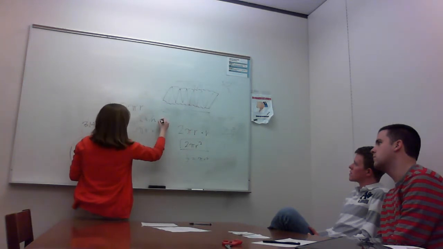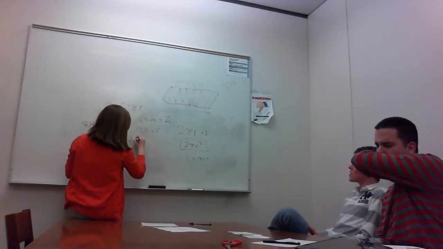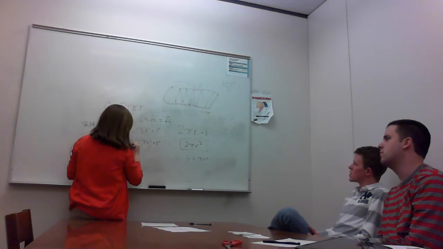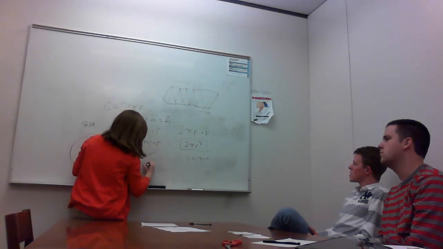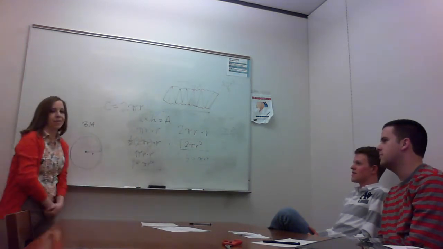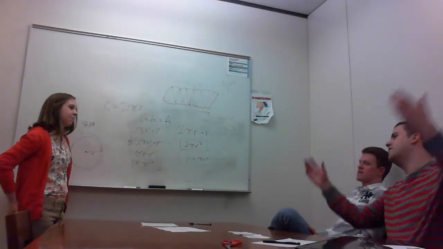So that would be half of 2 pi r times r. That cancels, so we have pi r times r to get pi r squared. Does anybody have any questions about how we did that?